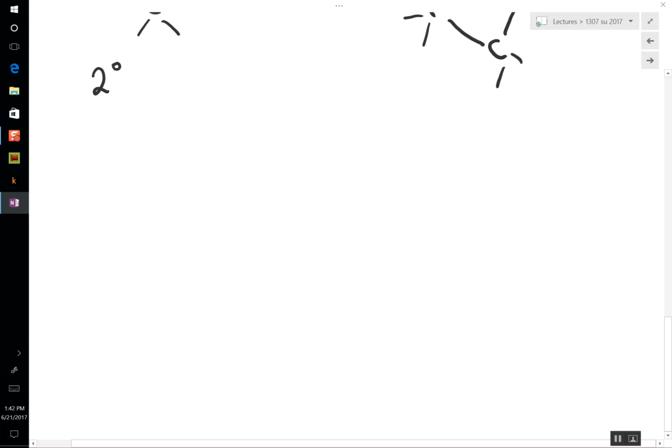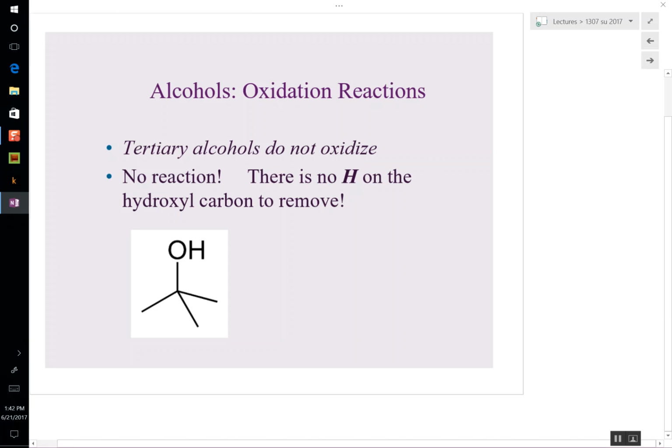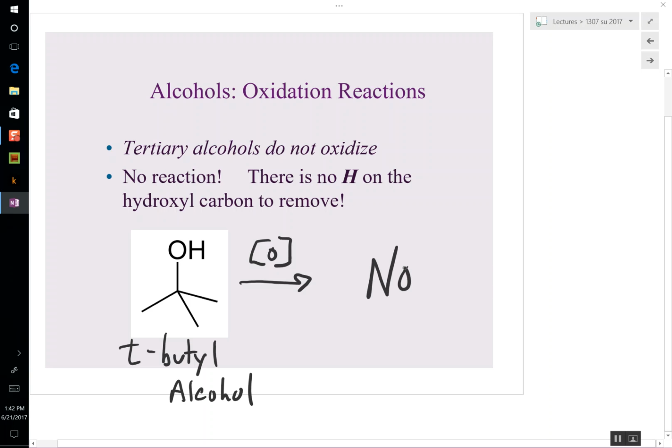Tertiary alcohol. You're going to love this. Tertiary alcohol. This is t-butyl alcohol right here. No reaction. Does not oxidize.